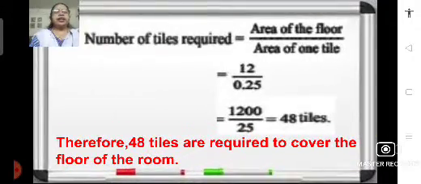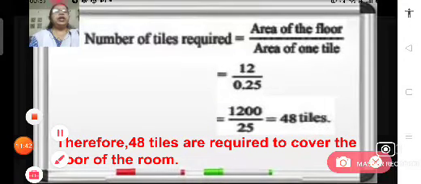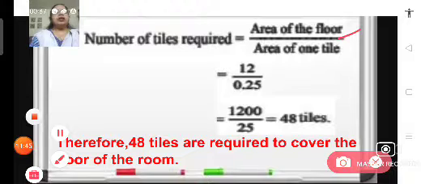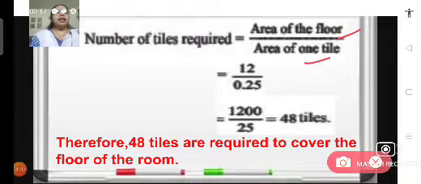For finding the number of tiles required, what do we do? We divide the area of the floor by the area of a single tile. The area of the floor, the area of the room, we have found out is 12 square meters, and the area of one tile is 0.25 square meters, isn't it?